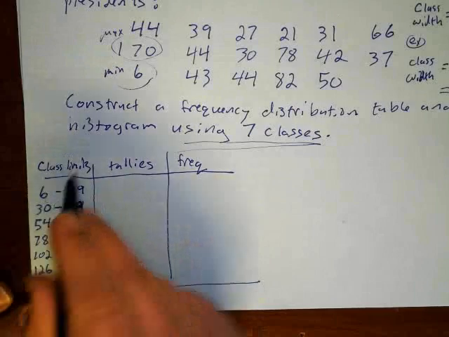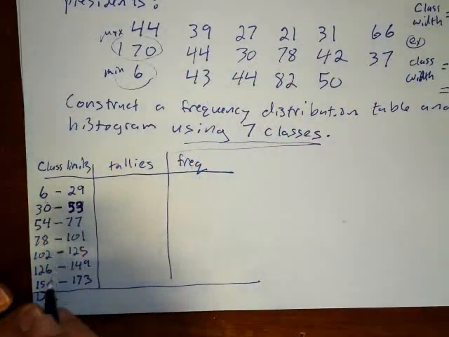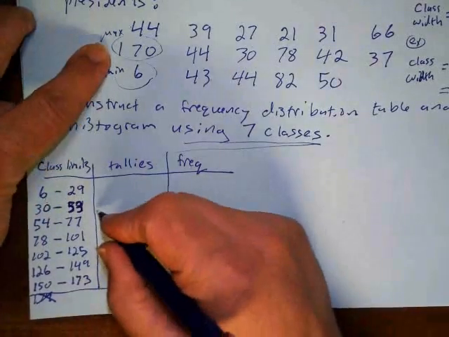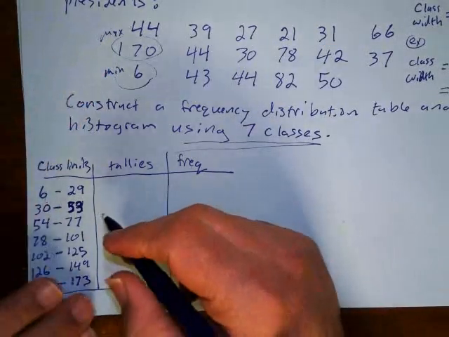So instead of trying to pick all the ones out that belong in each class, what I'm going to do is go through the values one at a time, and put a tally mark by the class.